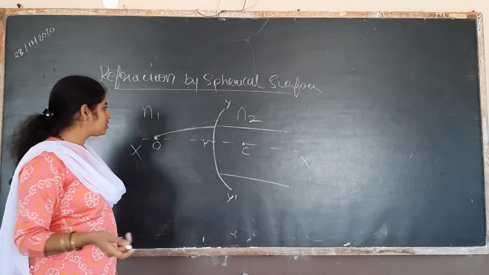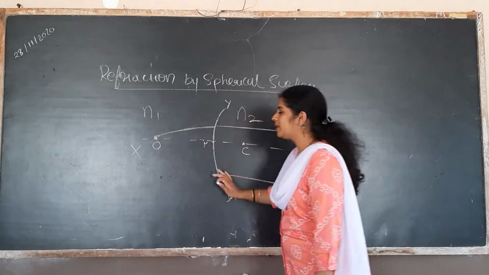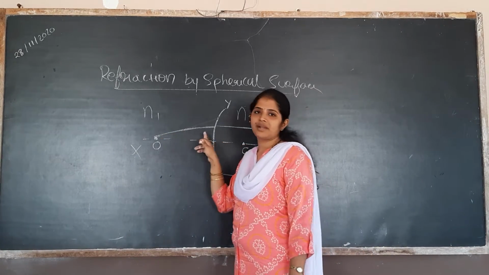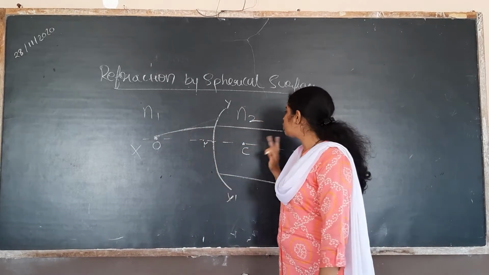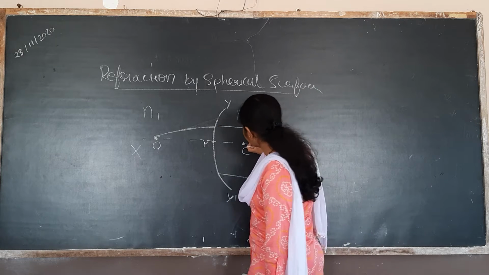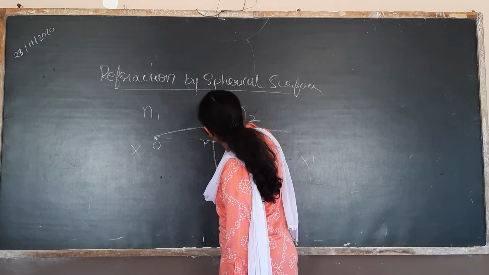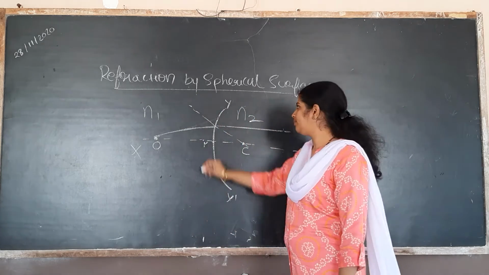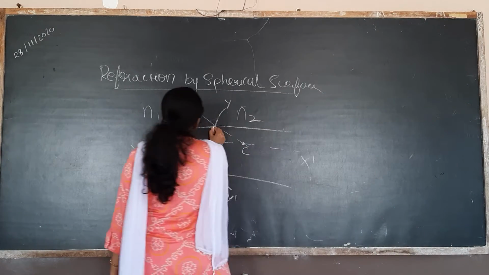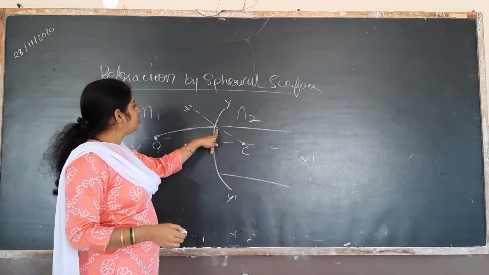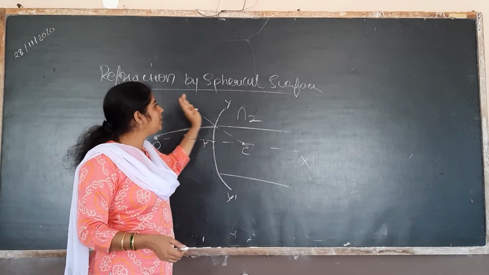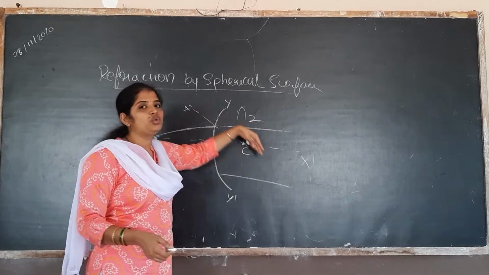Whenever you are considering a spherical surface, for the incident ray you should draw a normal. The normal in a spherical surface is always along the line from the center of curvature. So AC is the normal. The incident ray will bend. If this is a rarer medium and this is a denser medium, it will bend towards the normal.